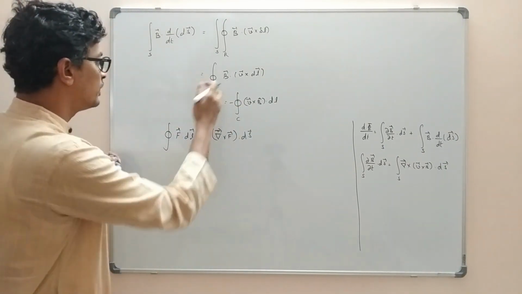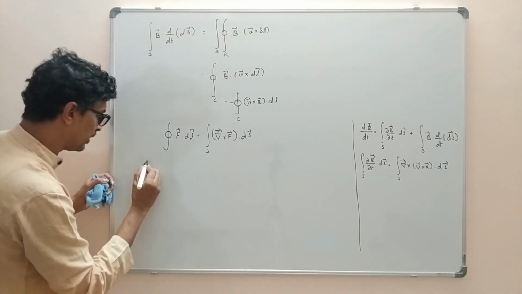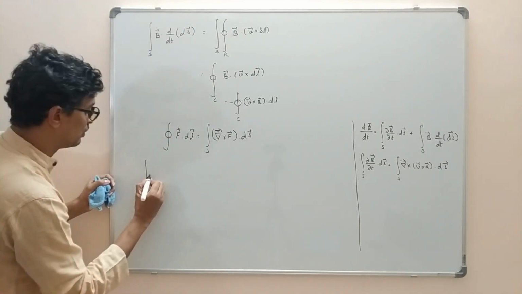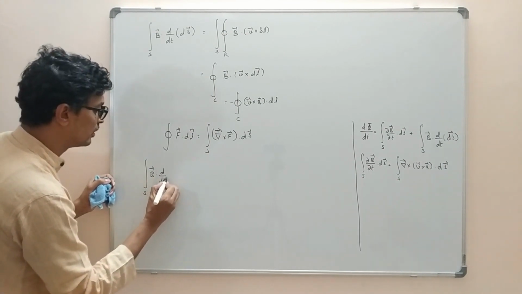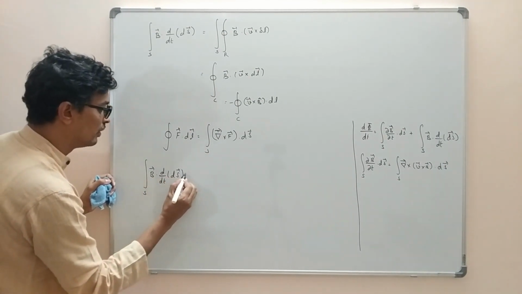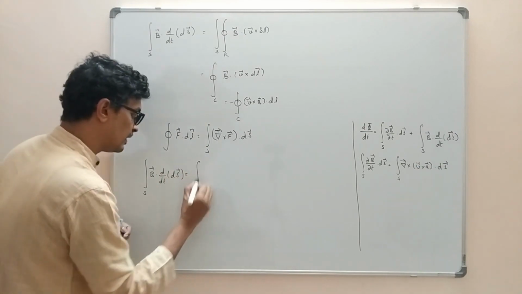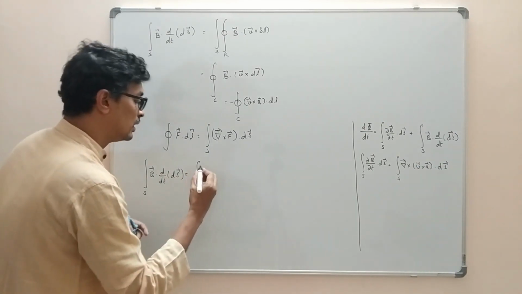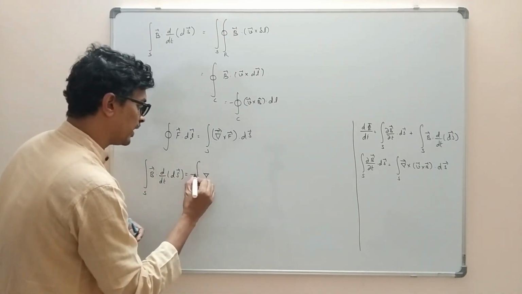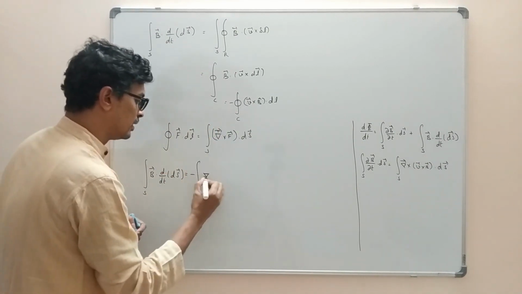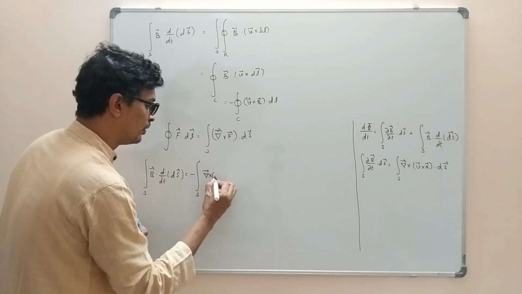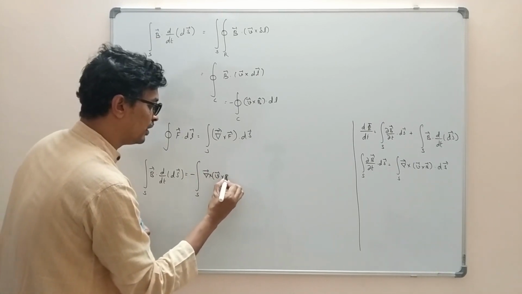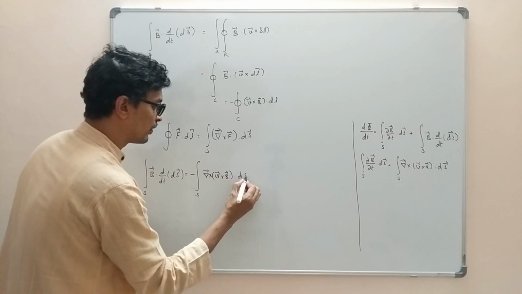So therefore my surface integral of b dot d by dt of ds will become the surface integral of minus curl of v cross b dot ds.